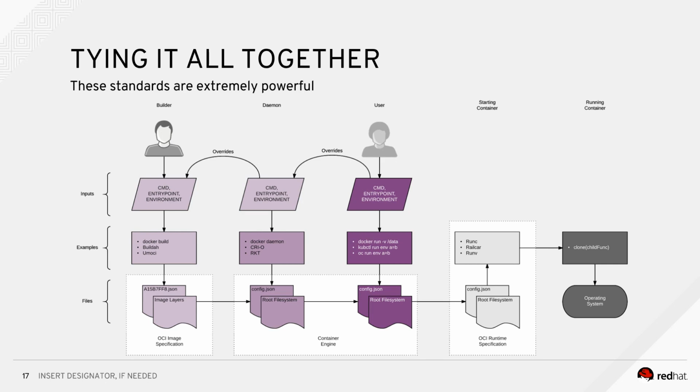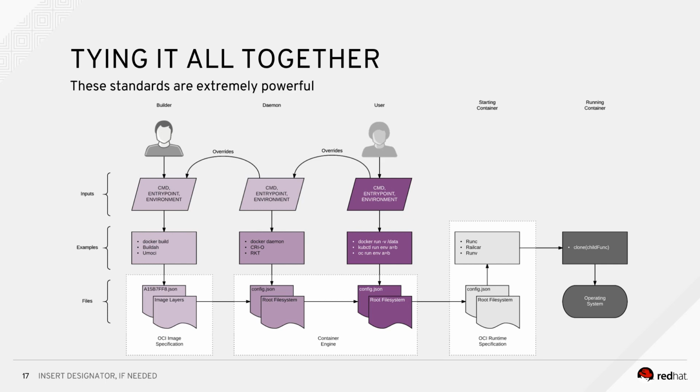For example, it's really common for a builder to specify an entry point or a command that's run by default. The daemon could override that. That's a completely possible option. But more commonly, the daemon, when it's generating the config.json, would add something like seccomp profiles. And then the user might override those and say, hey, the default seccomp profiles that this container engine uses are good, but I have my very specific ones that are tailored to my application.